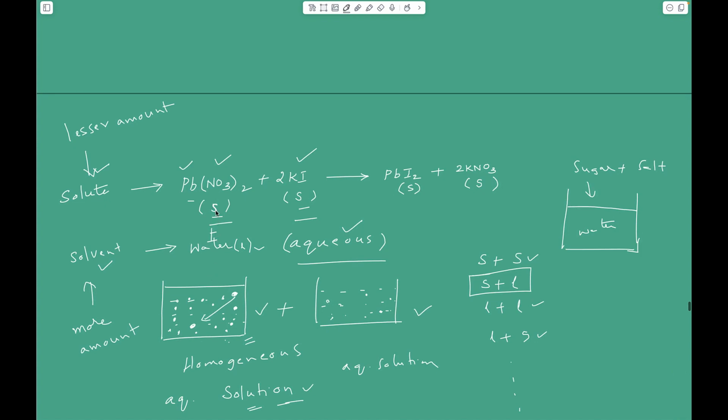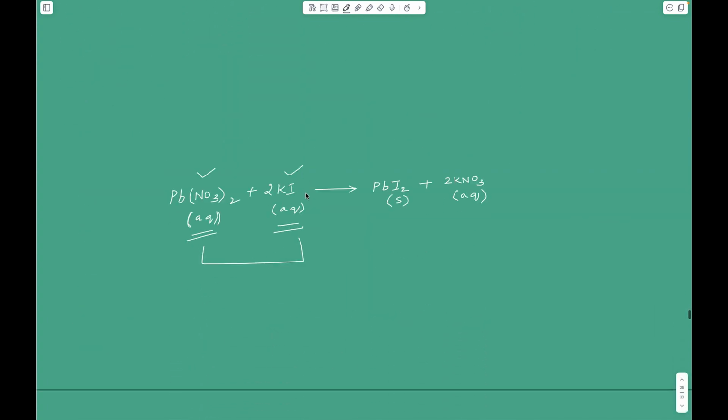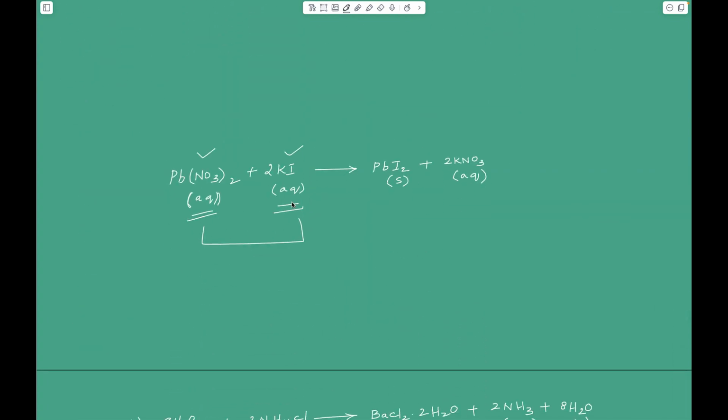This means solid lead nitrate, and this is solid potassium iodide. Now, if you mix these solids, it is difficult to carry out the chemical reaction. But if you mix their aqueous solutions, they readily mix with one another and a reaction takes place between them rather quickly and easily.